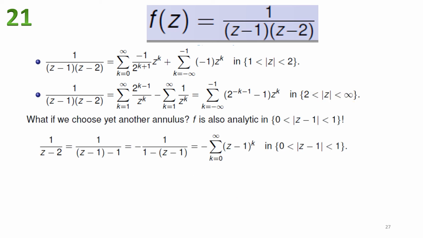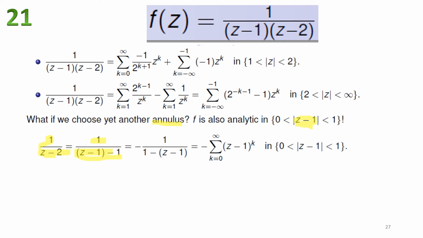Now again, what if we choose another annulus which is mod of z minus 1 lying between 0 and 1, where 0 is not included and 1 is not included again. So this will form an analytic function. It will be differentiable, and the Laurent series for this will exist. Now 1 upon z minus 2 we can rewrite as 1 upon (z minus 1) minus 1. No harm in doing that.